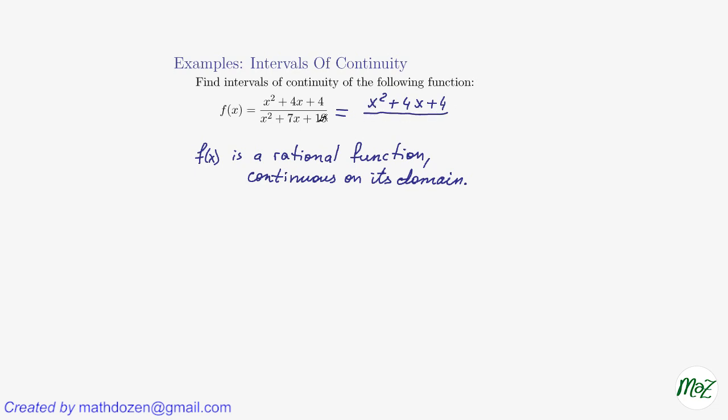So we'll try to factor the denominator, and it looks like x plus 2 multiplied by x plus 5 is the factorization. So we identify that the denominator is 0 at a couple of points.